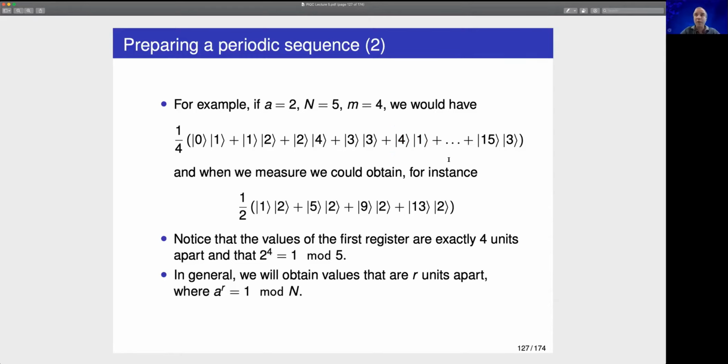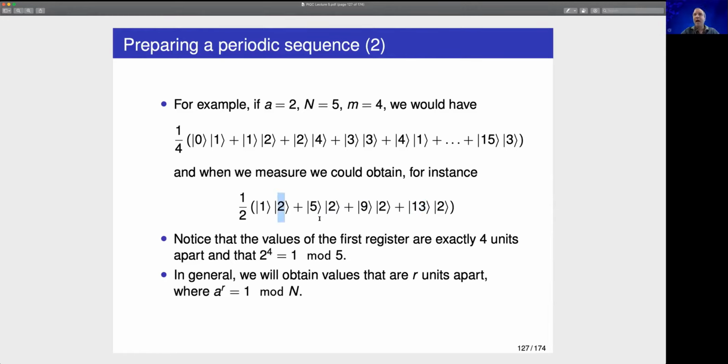Now we measure this part of the state, and it is going to collapse to some value. For instance, imagine that it collapses to 2. Notice that here for 5, I will have 2 entangled with 5 again. So I'm going to have a superposition of all the values that, as the result of the modular exponentiation, give me 2.